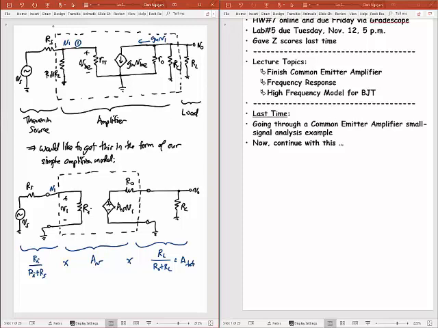So if I wanted to define this amplifier and know how it really performed in an actual circuit, at a minimum, I need to get this RI, I need to get this AV, and I need to get this R0. Okay, so I need these to describe the amplifier.